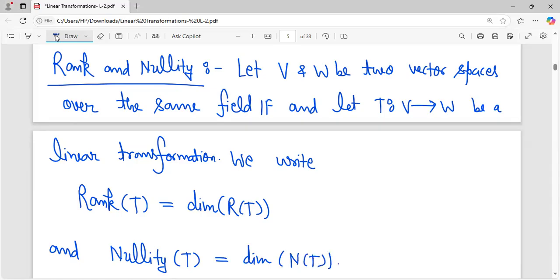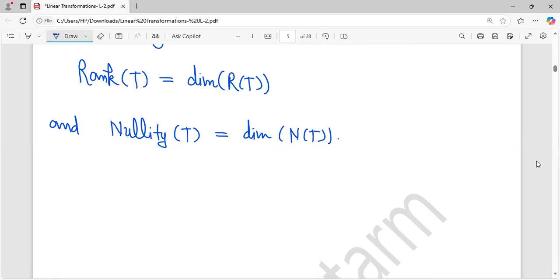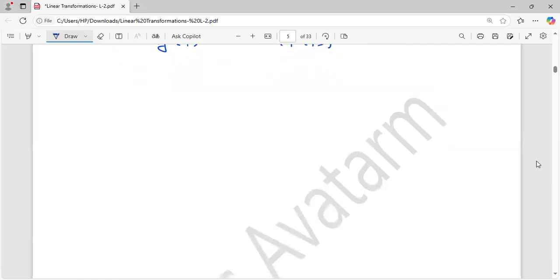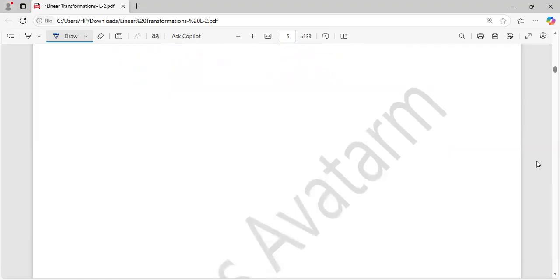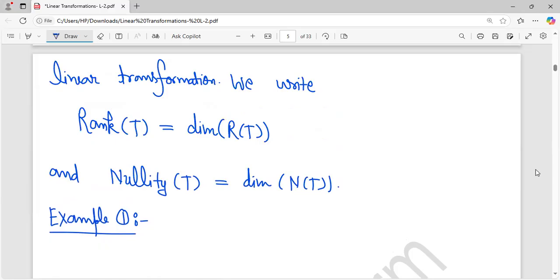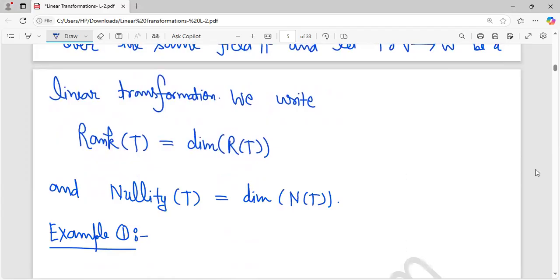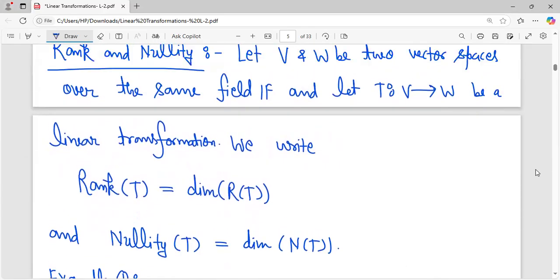So rank of T is nothing but the dimension of the range space, and nullity of T is nothing but the dimension of the null space or kernel. Okay. So example. So once again, what is nullity? Nullity is the dimension of the null space, and rank of T is the dimension of the range space.